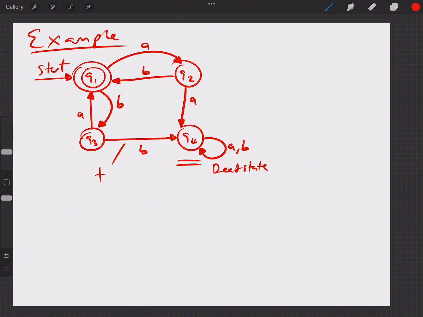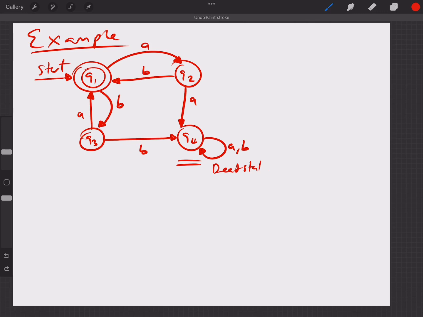These are the trap parts. You'll notice that why this is a dead state is because there is no transition outside of Q4. It's just receiving. So this is basically a dustbin or trash can.